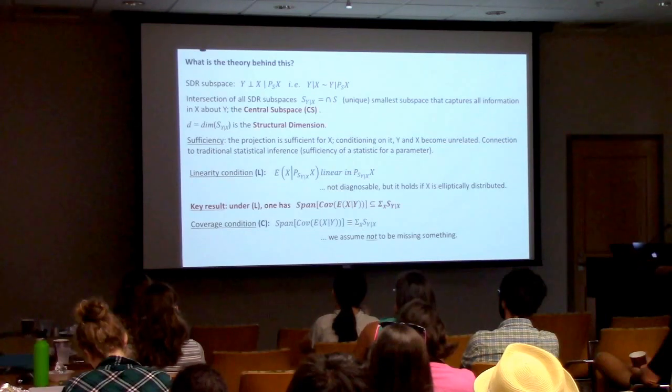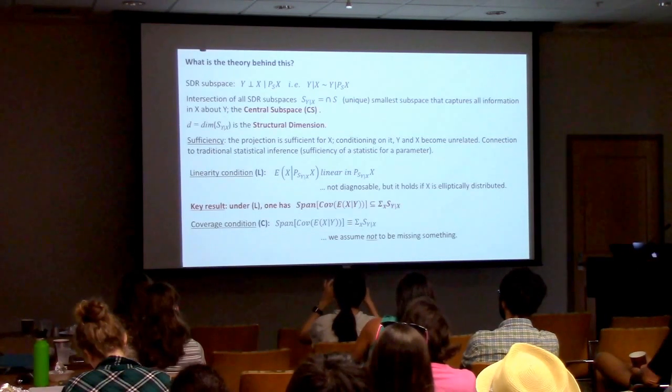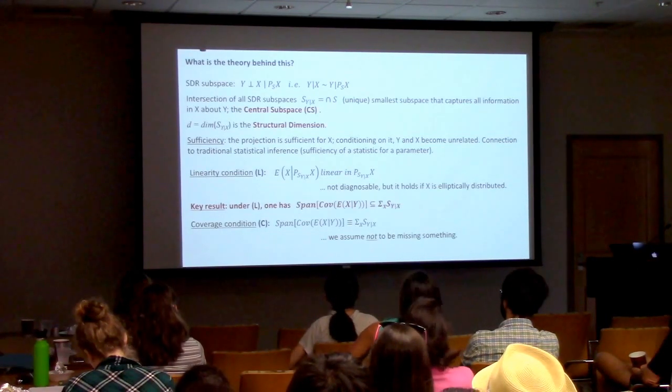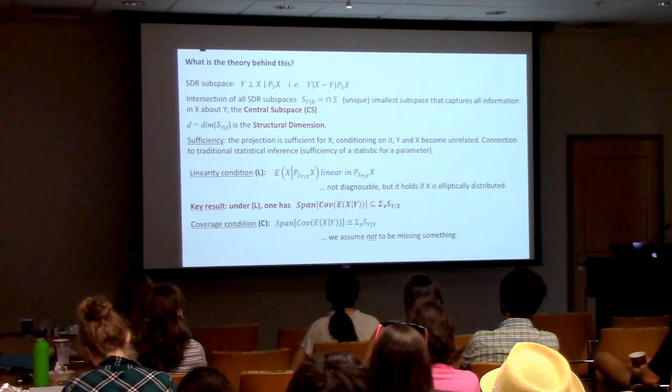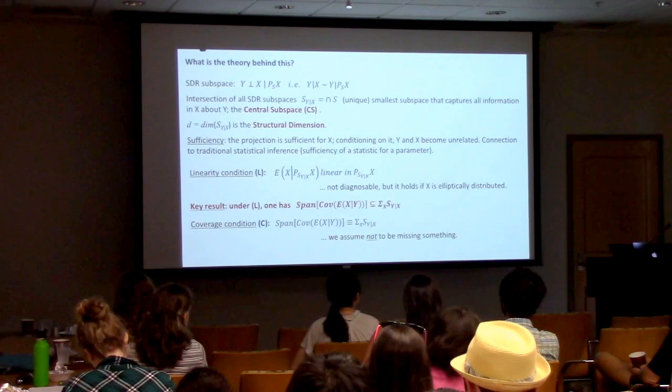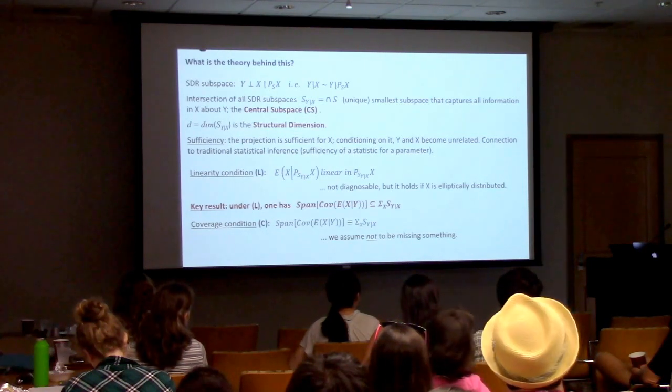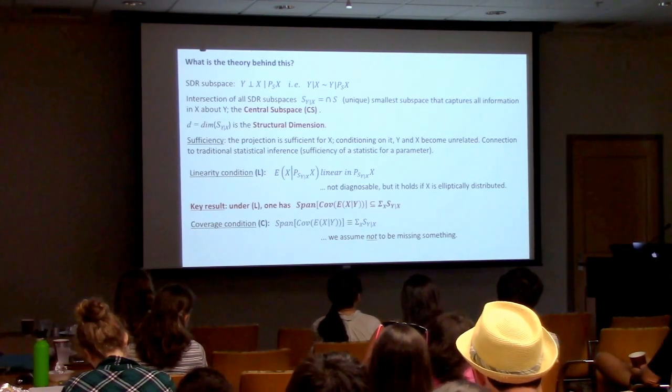Here's a key example, and again, I'm giving this to you on a sort of overview basis: the linearity condition. This is an assumption on X. Essentially, you want X to be nice. You want the X's to depend on each other only linearly, not to do strange curves.